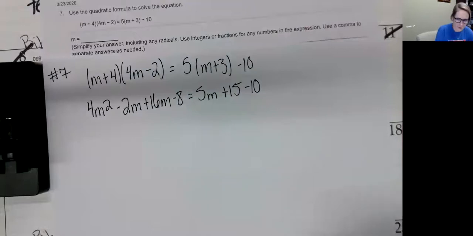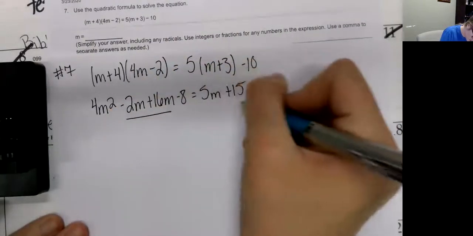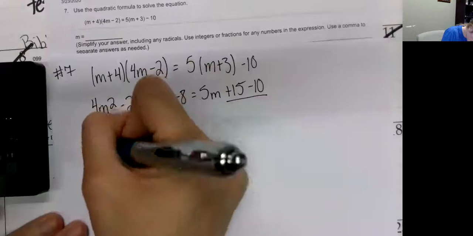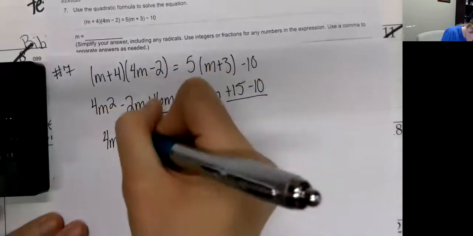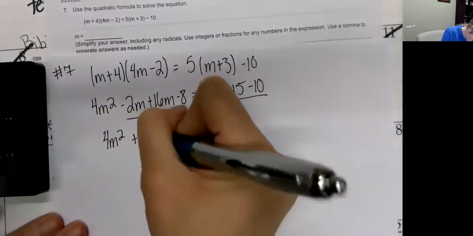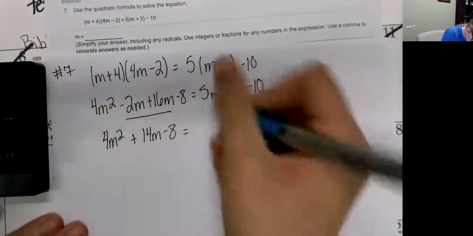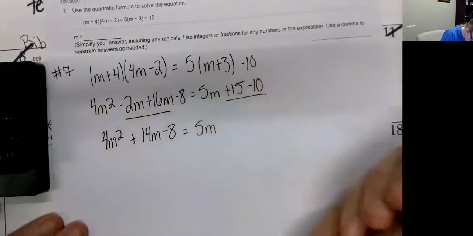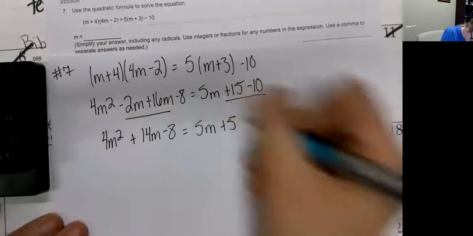Combine our like terms on the same side. So I have 4m squared plus 14m subtract 8 equals 5m plus 5.